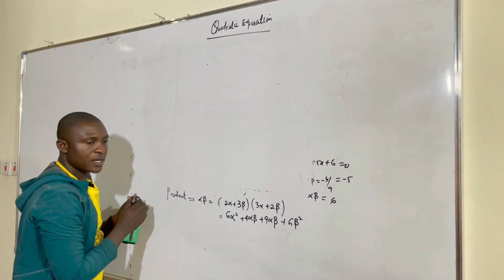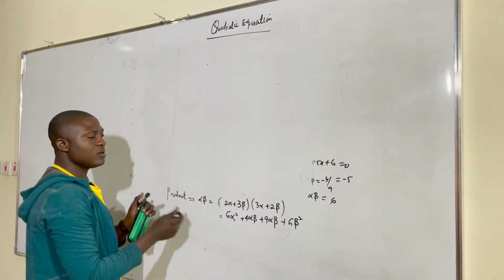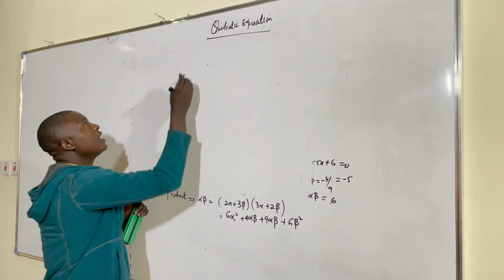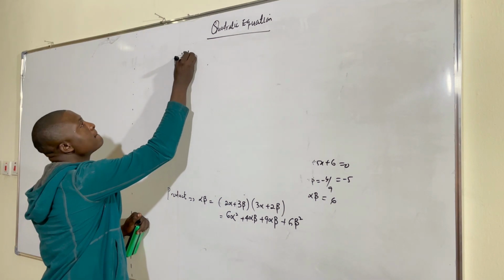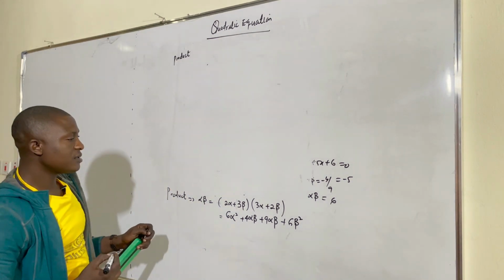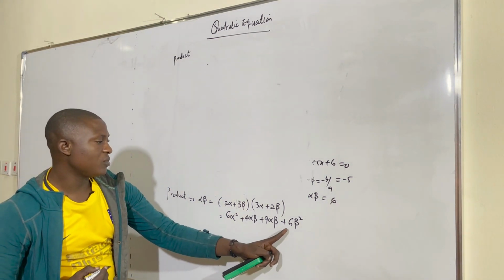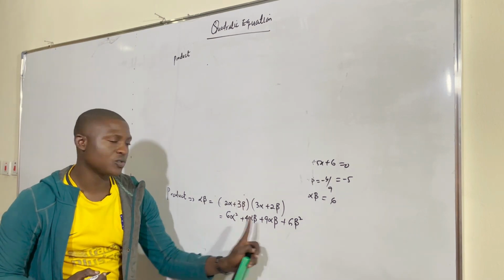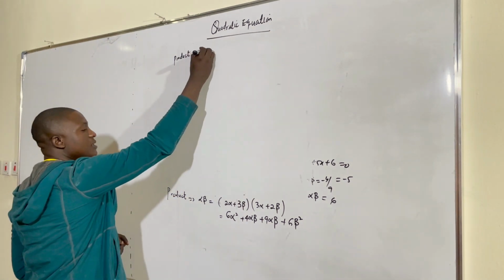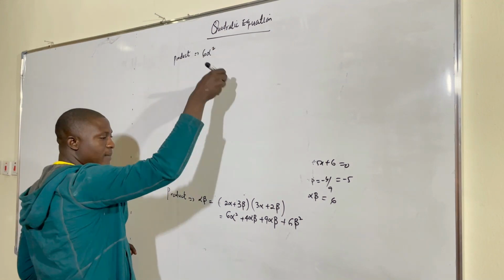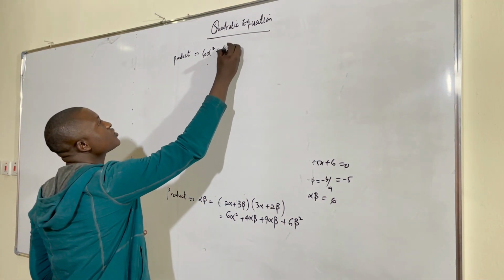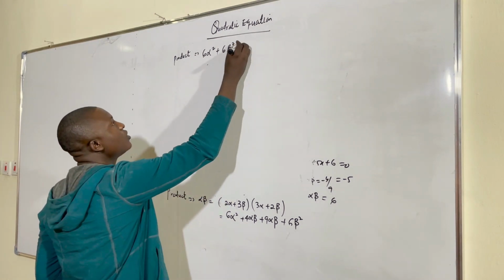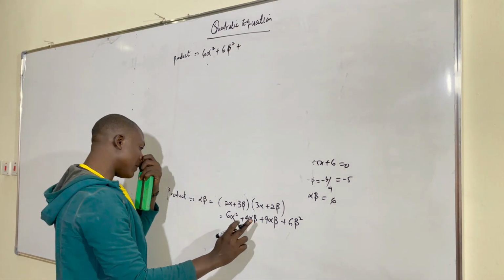So now I can substitute my value, or rearrange the terms. The product we have now, let's arrange this one as well: 6 alpha squared plus 6 beta squared plus 4 alpha beta plus 9 alpha beta.